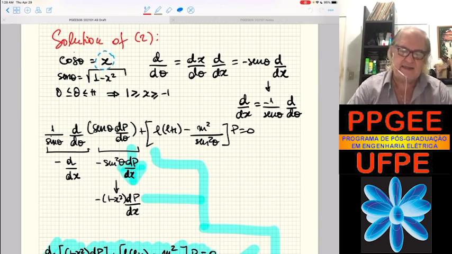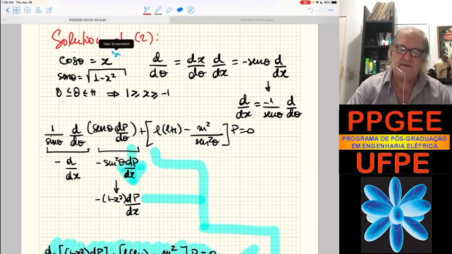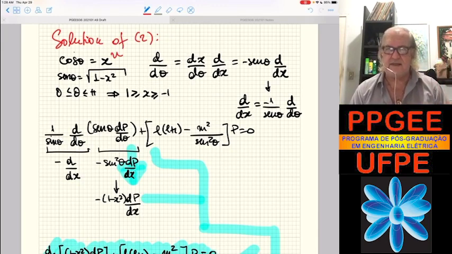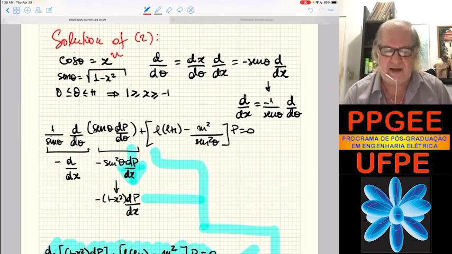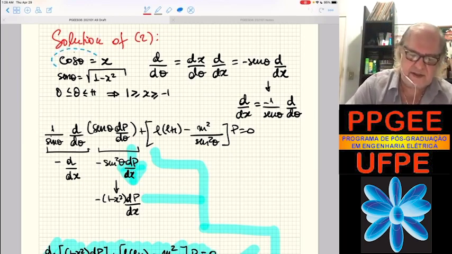I mean, this x might be mixed up with the x of the 3D space that we use. I should have used u, for instance, here instead of x. But since the class notes are like this, let's make sure that we understand that this x is not the x coordinate in 3D space. It's just a variable, a function of one variable x. Okay.